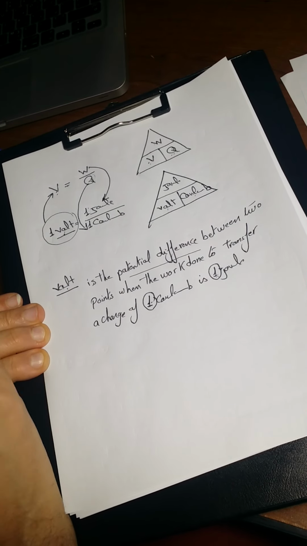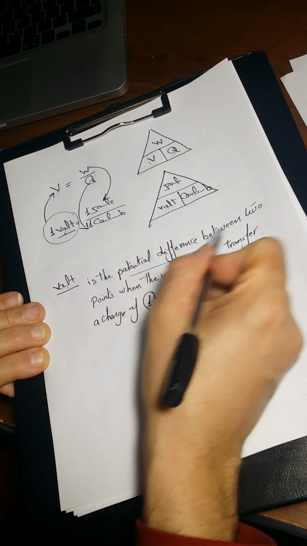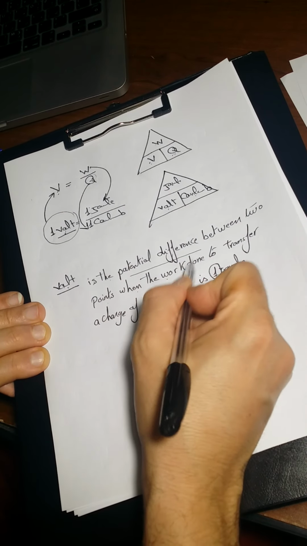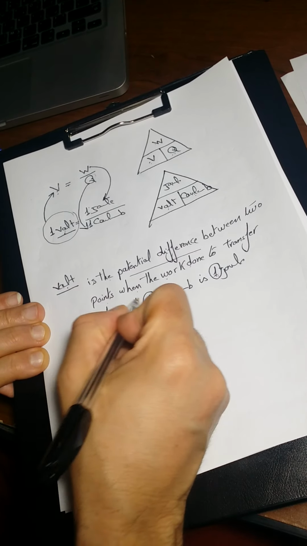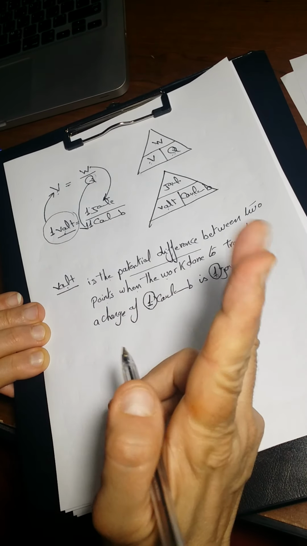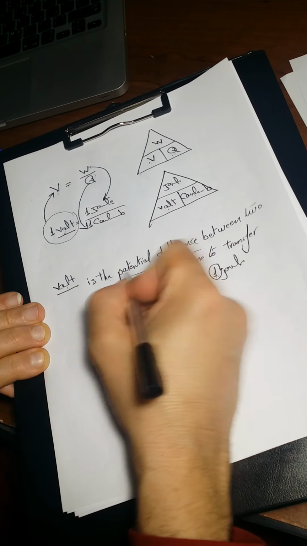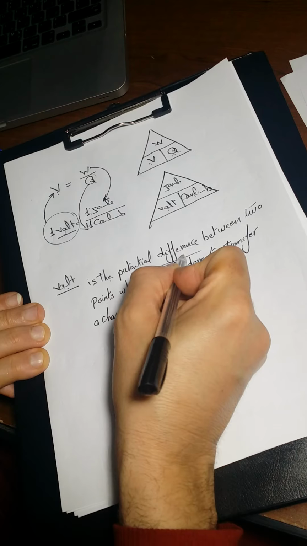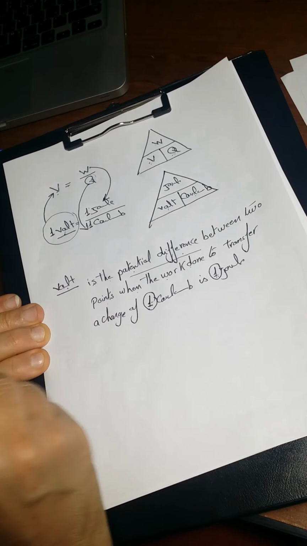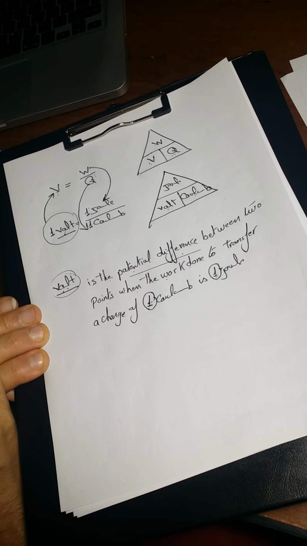For example, if I said, what is meant by the potential difference between 2 points when the work done to transfer a charge of 1 coulomb is 1 joule? I said 1 twice. So I have to go to the physical quantity at the beginning of the definition, which is the potential difference. What is the unit of the potential difference? It is the volt. So the answer is the volt.